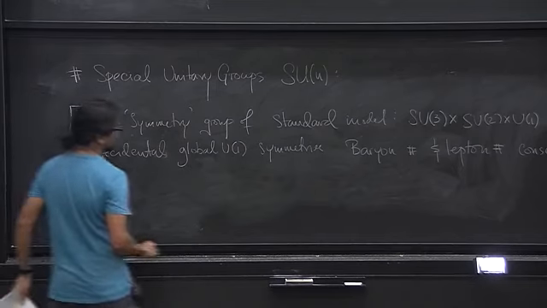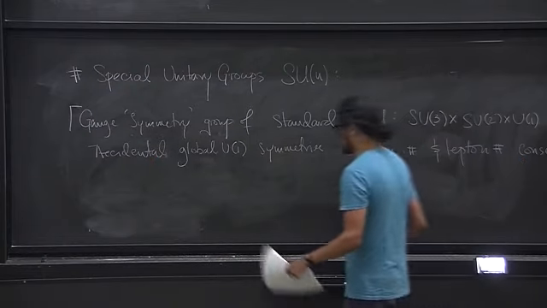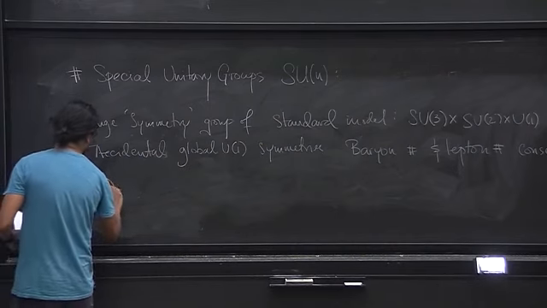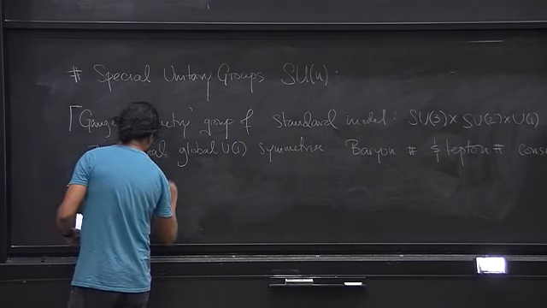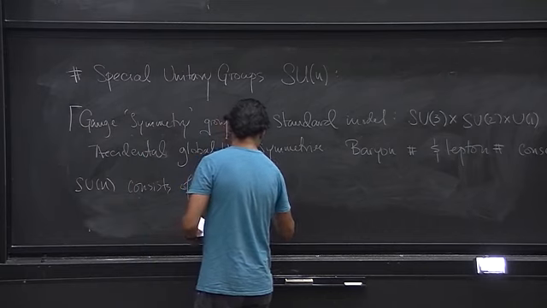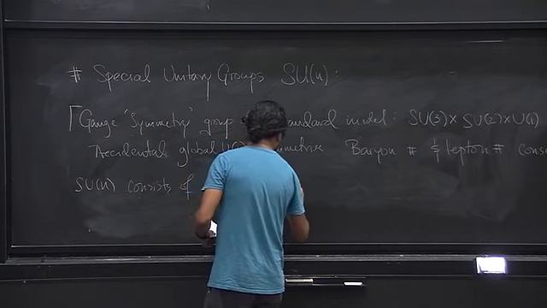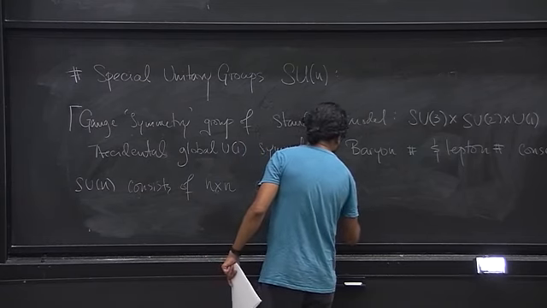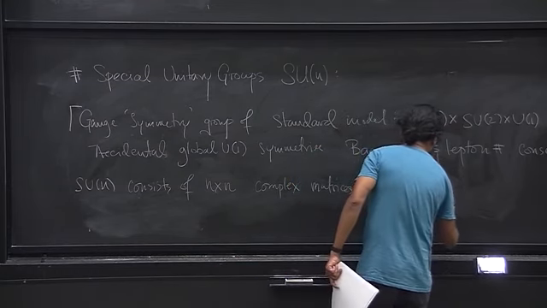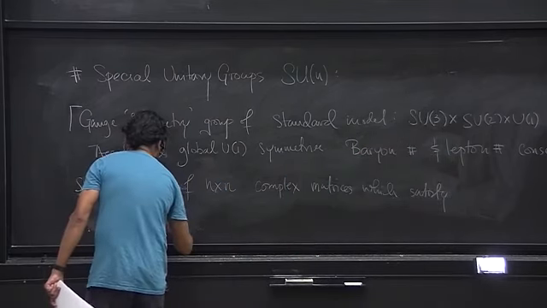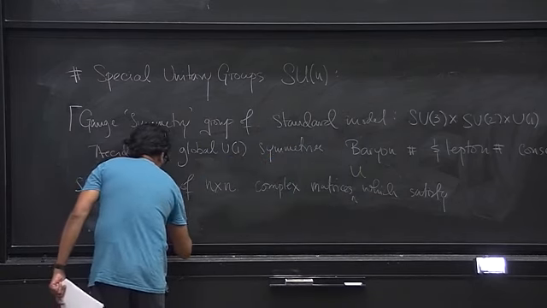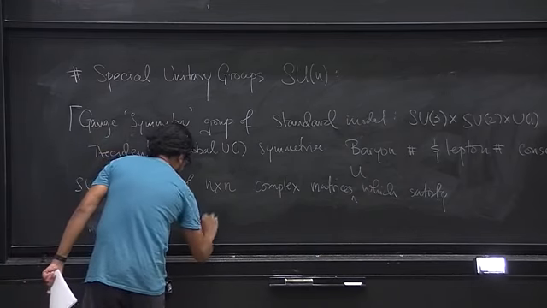So these are parenthetical remarks. SUN, okay, let me be consistent, consists of n by n complex matrices, say U, which satisfy that the Hermitian conjugate of U is the same as the inverse.